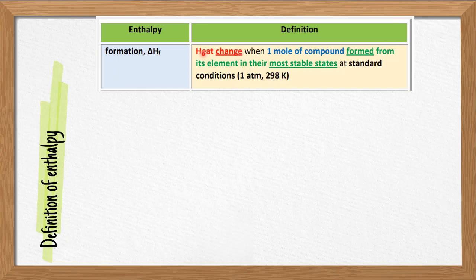In this case, heat change refers to heat that can be absorbed or released. For example, if you want to form the compound carbon dioxide, which is a compound in gas phase, to form 1 mole of the compound from its elements, remember elements are made out of only one type of atom. If you focus on this CO2, we have the element carbon. Carbon's most stable state exists as solid.